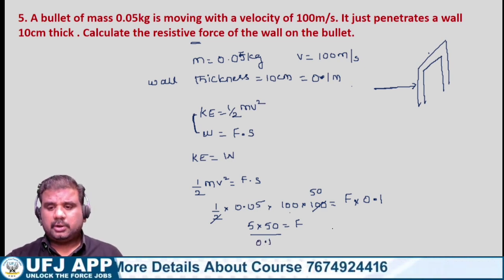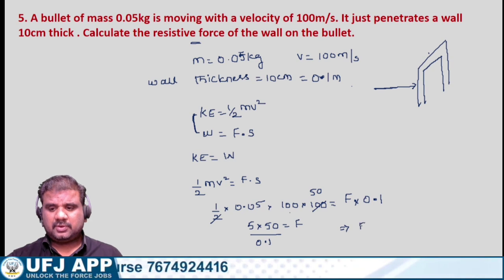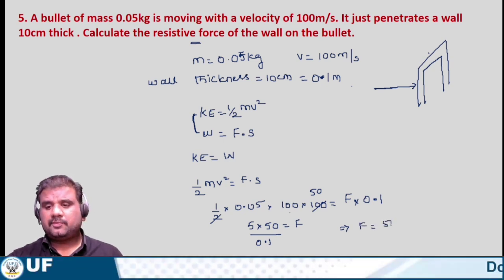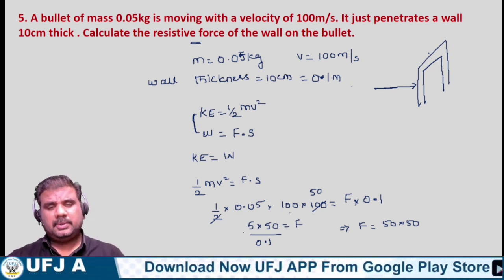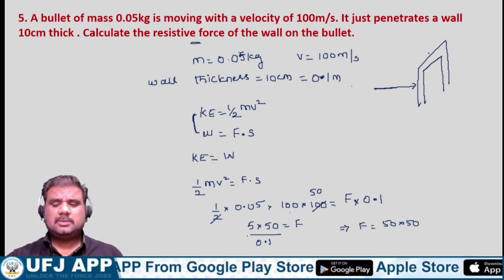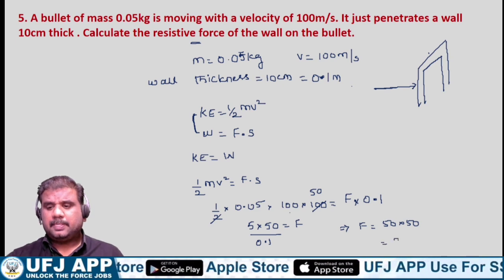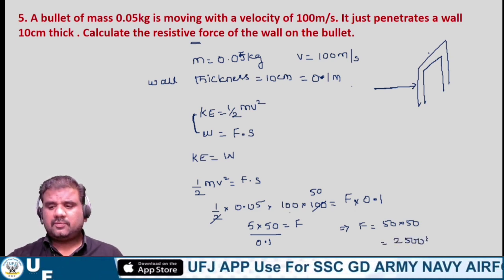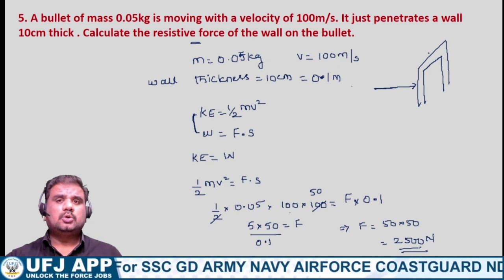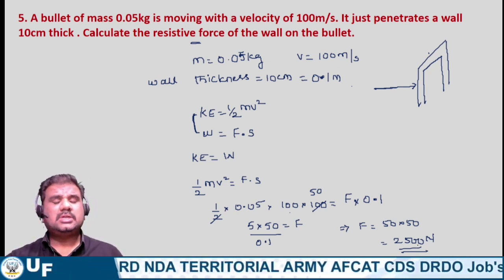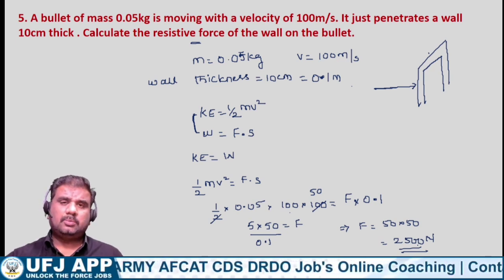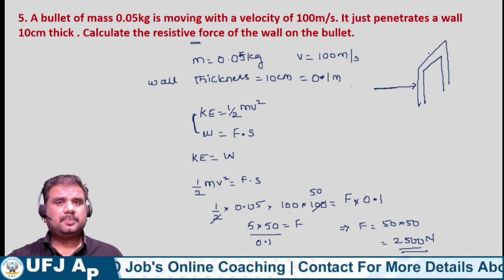Or else you can even write F equal to 50 into 50. When 0.1 goes to the other side, it becomes 5 by 0.1, nothing but 50. 50 into 50 that is equal to 2500 newtons. 2500 newtons. This is the amount of force that is being applied by the wall on the bullet to stop that particular thing, right?